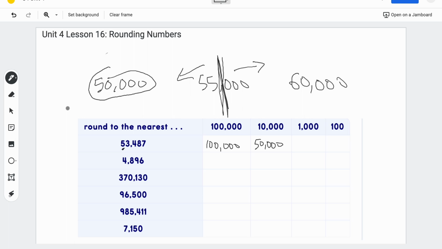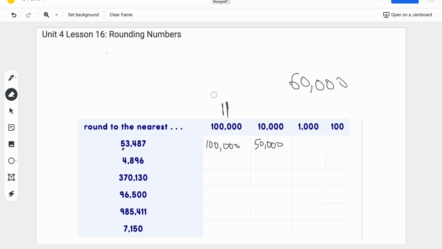All right, now let's try the thousandth place. There is a rule that we can follow for rounding numbers, and I'm going to show you right now.